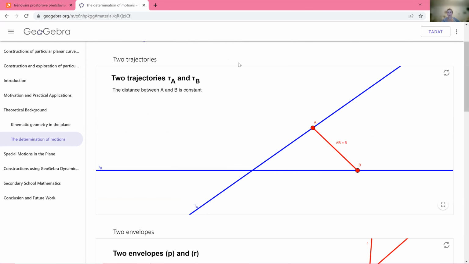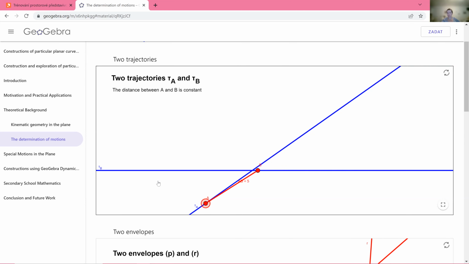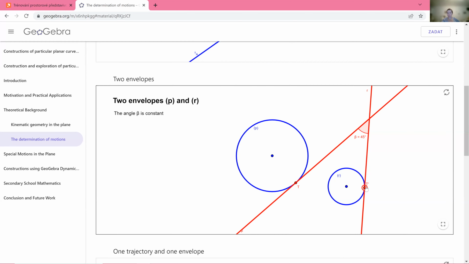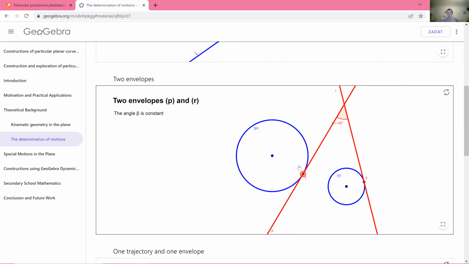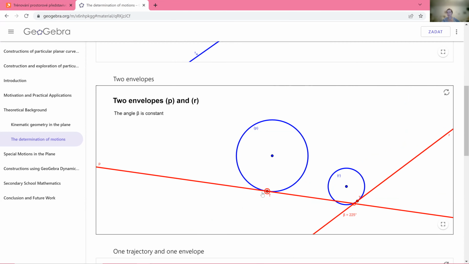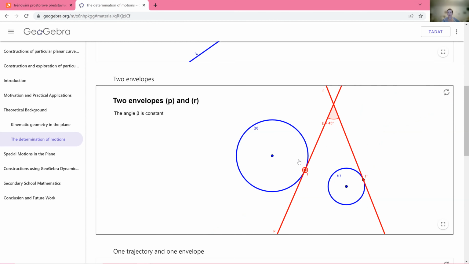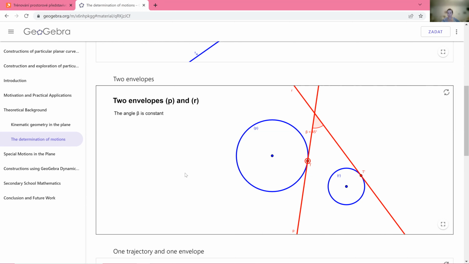So how can we determine the motion? For example, with two trajectories. You can see here, two trajectories of two moving points are given. Or we can say that the motion is given by two envelopes. Here is an example where two lines are still touching two curves, which are envelopes for these lines, and then the motion is given.